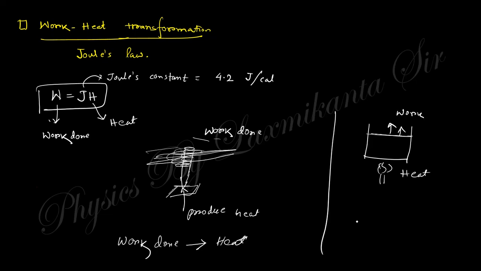So heat can be converted into work done, and work done can be converted into heat. And this is related by Joule's law, W equals JH. You know all that. Okay.